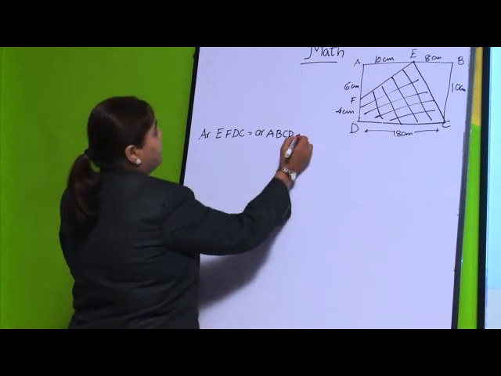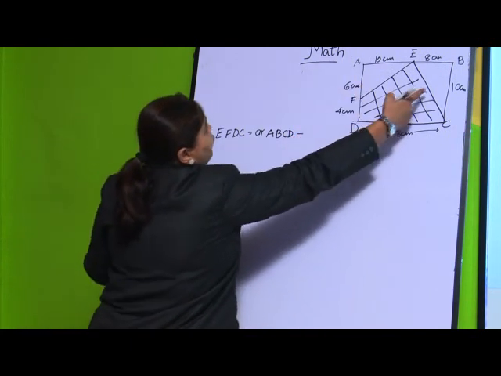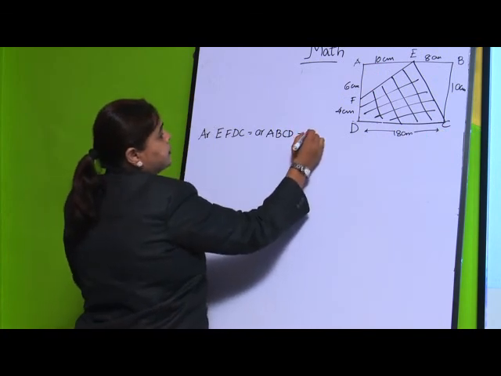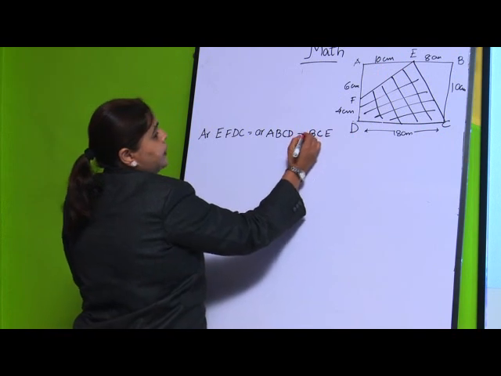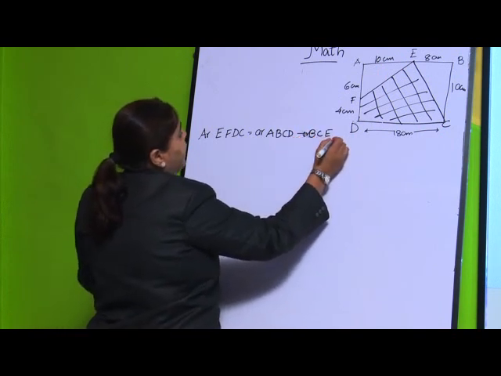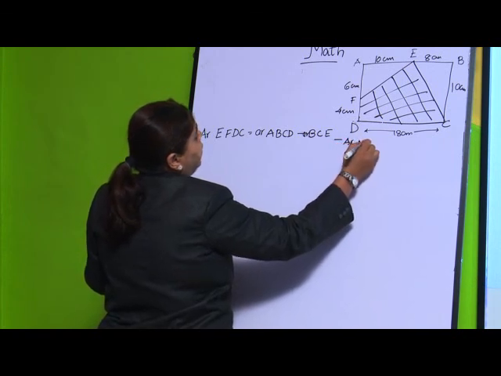So, here will be minus, what are the triangles here? One is BEC, we can write minus area of BCE, one triangle, minus area of AEF.